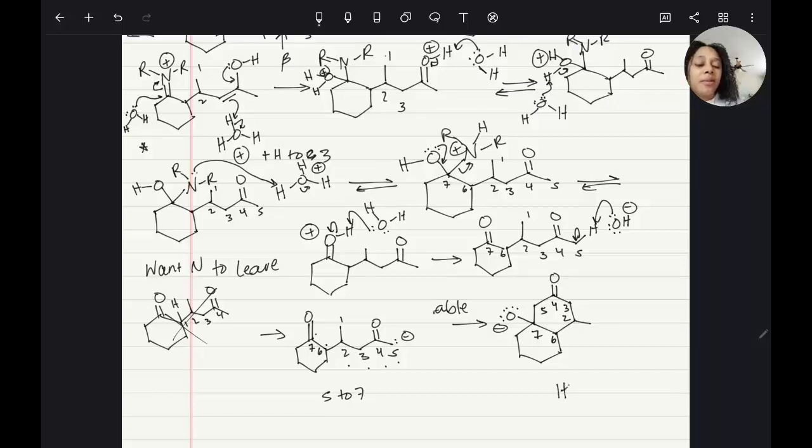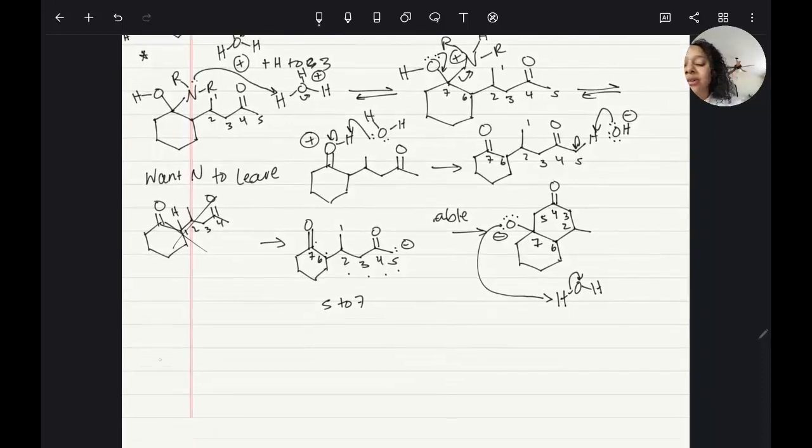So our next step, we're going to protonate our alkoxide, and again, this is not very favorable. It works, but the equilibrium is not extremely favorable. But again, what drives our process is what's going to happen next. So we're going to do an elimination.